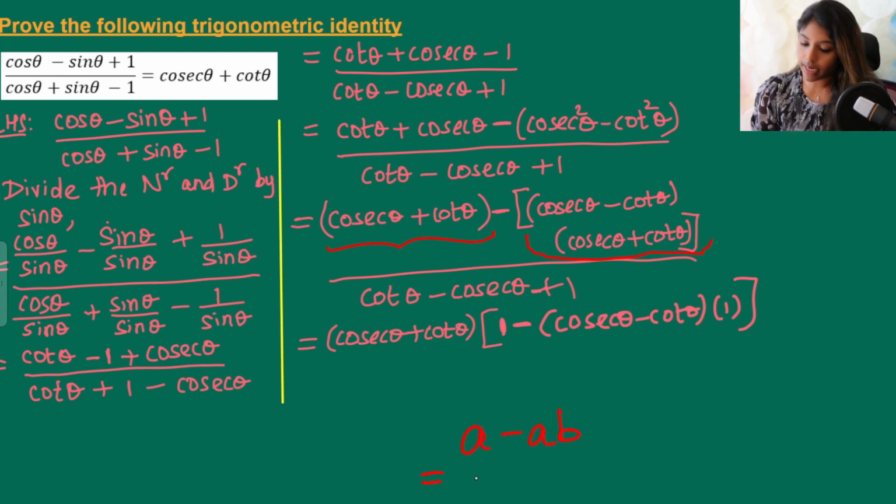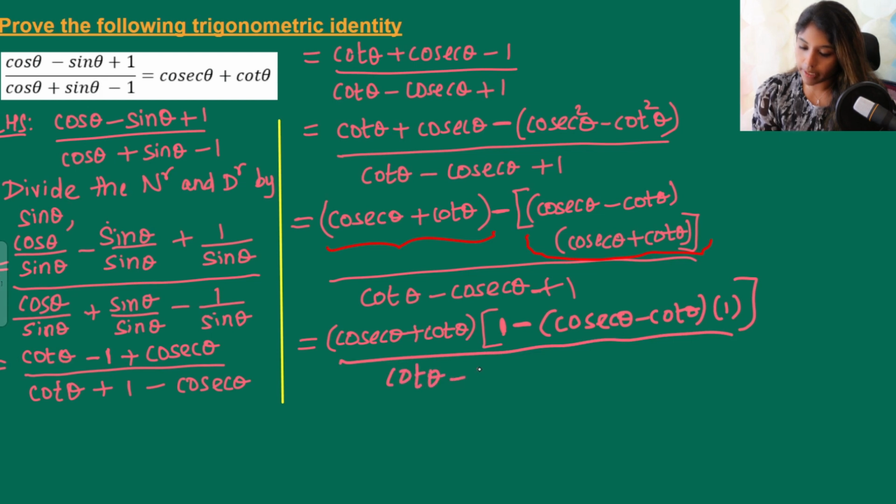So how do you take out a common here? When you take out a, it gets replaced with 1, because a times 1 gives you a. Same way, negative sign as it is. A is already taken out, so that is replaced with 1. 1 times b, so that is b itself, right?